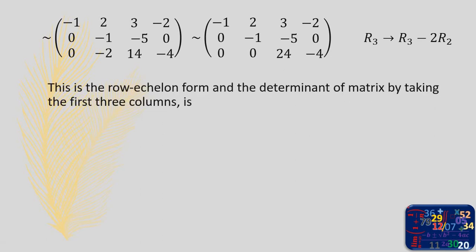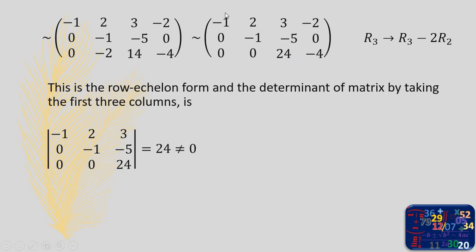So this is the row echelon form, and the determinant of the matrix by taking the first 3 columns is 24. One simple method to find it: here the dimension is 3 cross 4, so the maximum square matrix we can get is 3 cross 3. We want to find a 3 cross 3 for which the determinant value is non-zero.